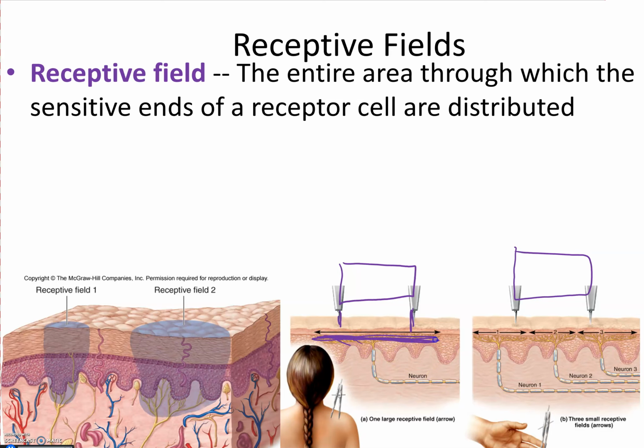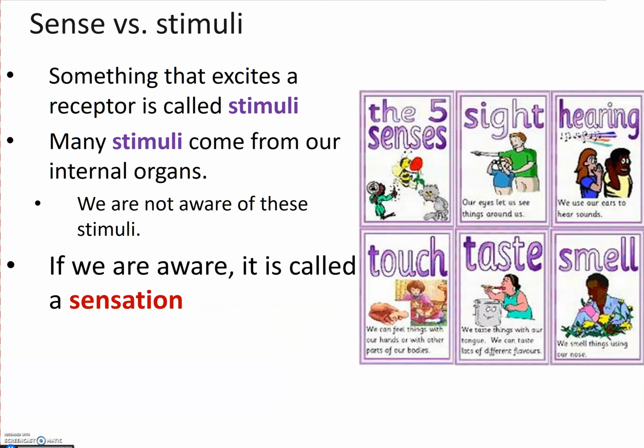That's a very large receptor field. So your shoulder blade is not very sensitive. Your fingertips, on the other hand, are highly sensitive. It's one of the most sensitive parts of your body. So if you touch here, this pinprick touches one dendrite, this one a separate dendrite, so that will excite 2 different neurons, and you'll feel both of them. So the receptor field is the entire area that one receptor is responsible for.